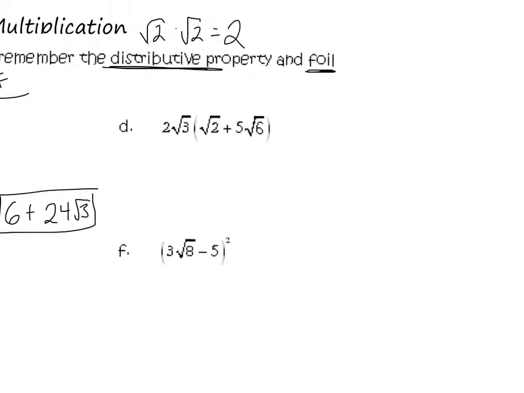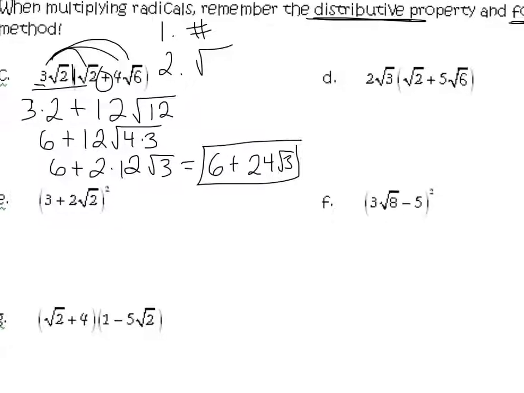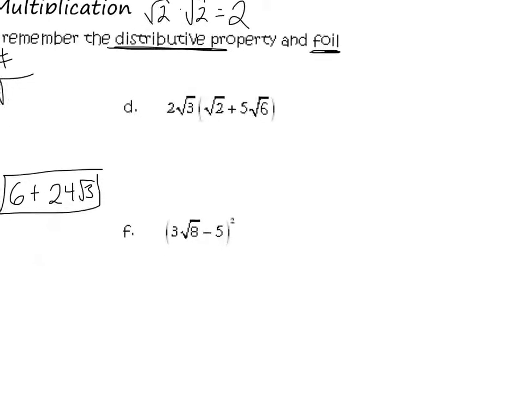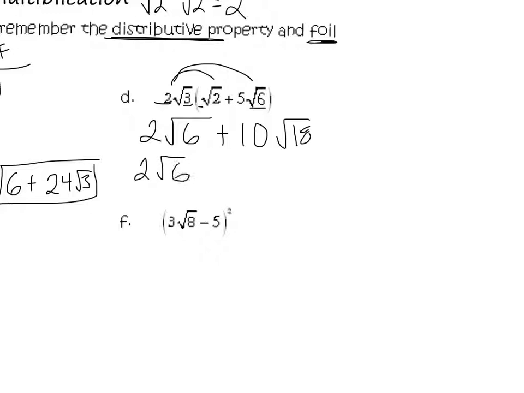There we go. Now this next one looks very, very similar. Different numbers, same idea though, so if you want to try this one on your own, please do. You're going to do the same thing, distribute that over. Alright, so 2 times our invisible 1 is 2. Square root of 3 times square root of 2 is the square root of 6. Plus 2 times 5 is 10. Square root of 3 times the square root of 6 is the square root of 18. The square root of 6 can't be simplified.